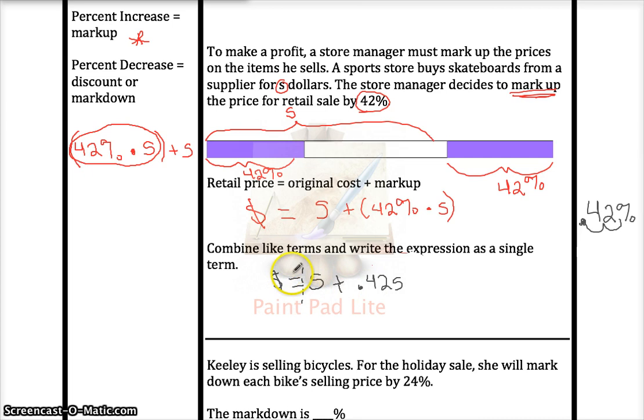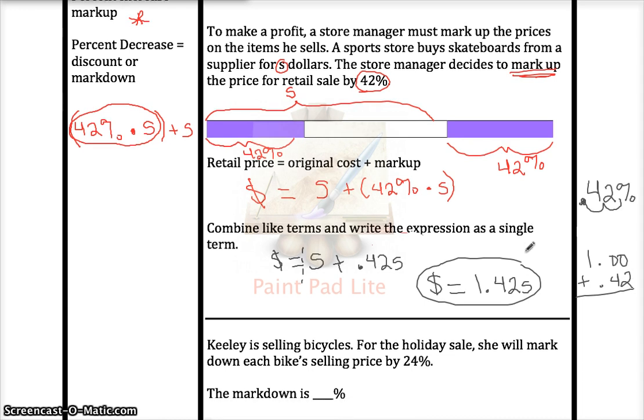So now that I can see I have 1S plus 0.42S, the final cost I pay is going to be 1.42S. And I got that by adding 1.00 plus 0.42 when I combined like terms, and that gave me 1.42S. Okay, so this is my simplified expression.